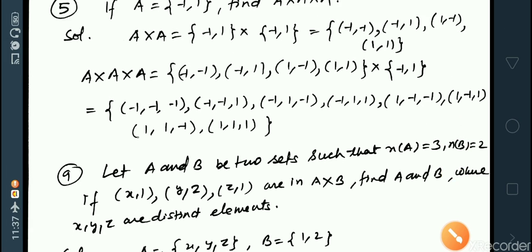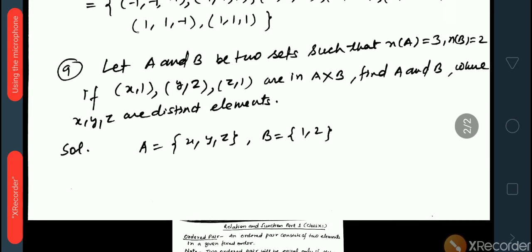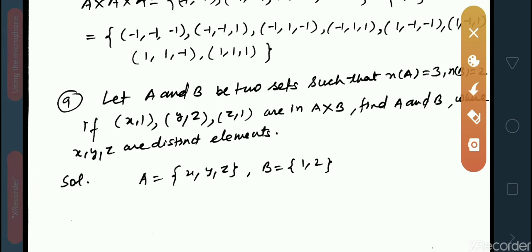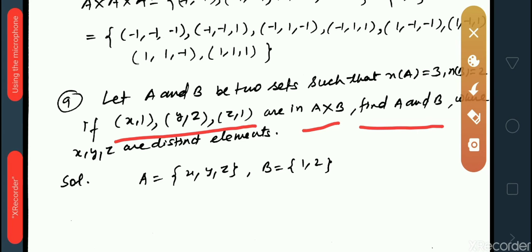Now move to another example, that is 9. Let A and B be two sets such that number of elements in A is 3 and number of elements in B is 2. If (x, 1), (y, 2), (z, 1) are in A cross B, find A and B where x, y, z are distinct elements. Obviously A has 3 elements, and if we look at first elements of respective ordered pairs, they are x, y, z.